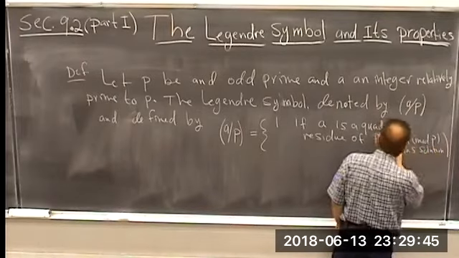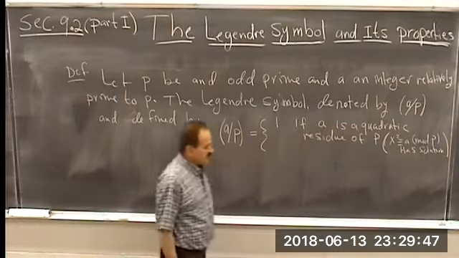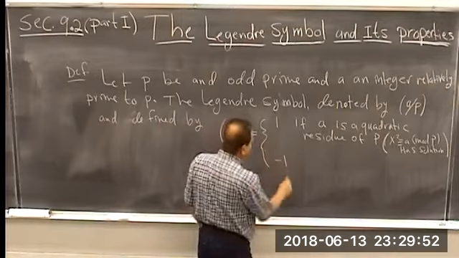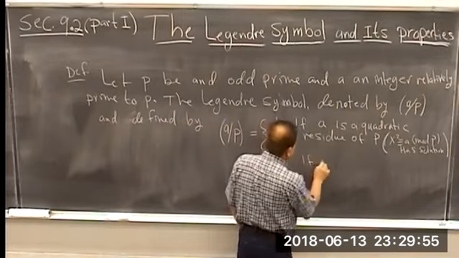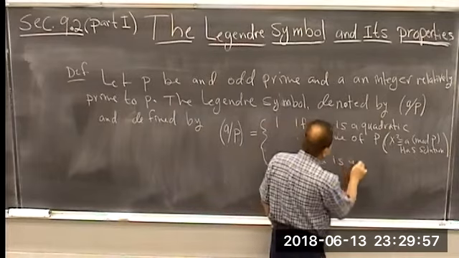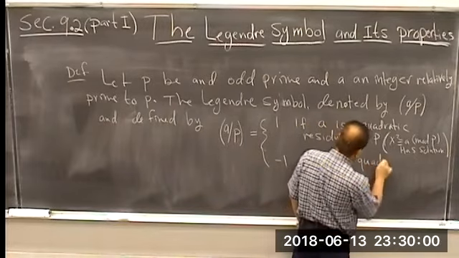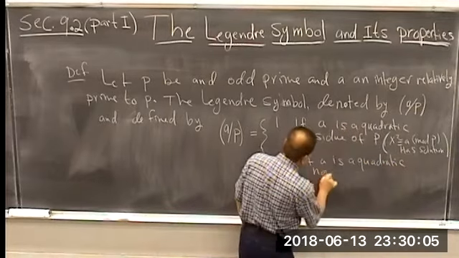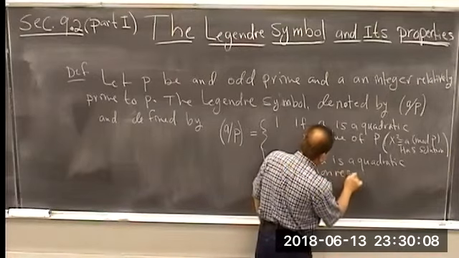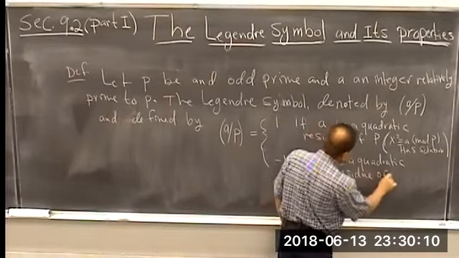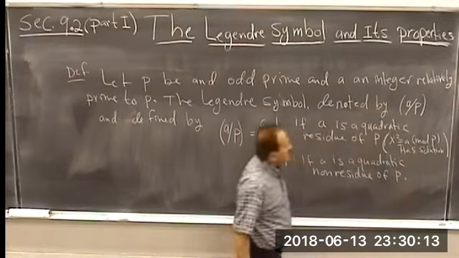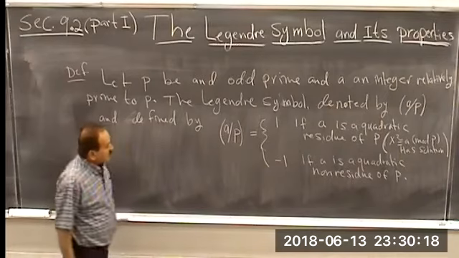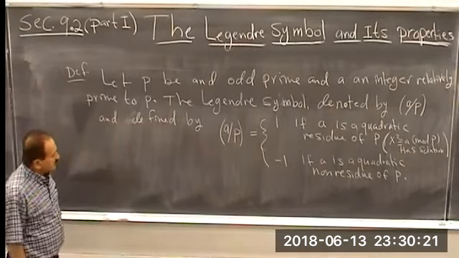Always we are interested in integral solutions, solutions that are integers. And -1 if a is a quadratic non-residue of p, which means x squared congruent to a mod p has no solution. All right, so this is what the Legendre symbol is.